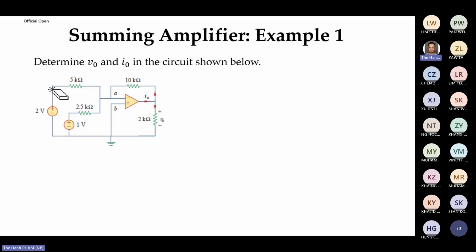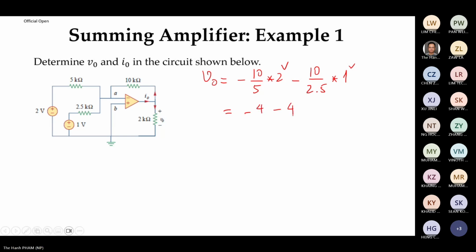You have 1 volt here, you have 2 volt here. The feedback resistor is 10K. So the voltage Vout should be minus 10/5 times 2 minus 10/2.5 times 1. So this one is minus 4. This one also minus 4, right? So this one is minus 8.